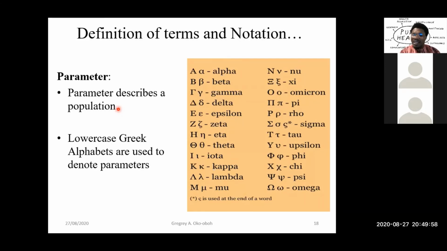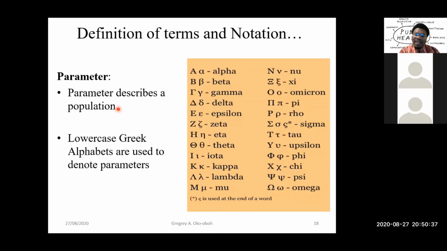If you are able to have access to the source or the target population, and you measure a given variable, and you get your data, and you look for the mean of that data, that mean is a parameter because that mean is generated from a population, not a sample of that population. That's the difference. So if you get the total population, you have access to it, and you are able to summarize and characterize that population.